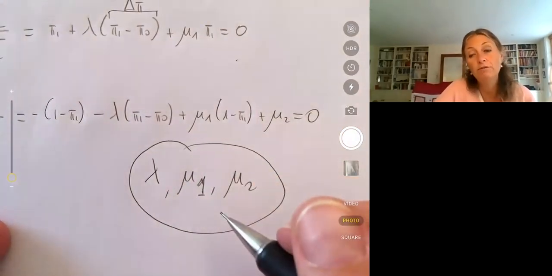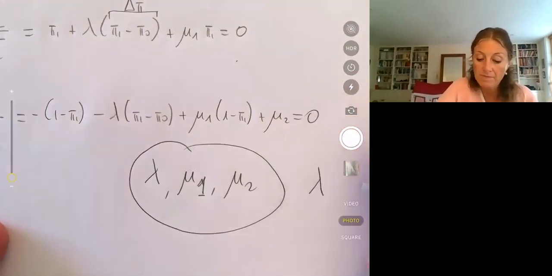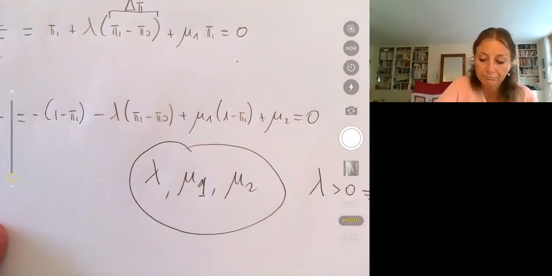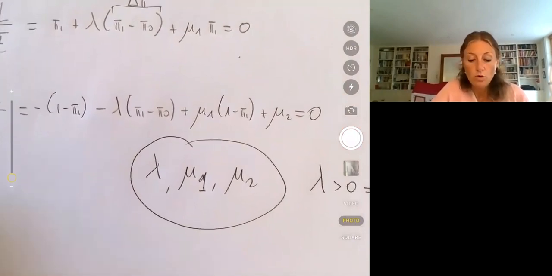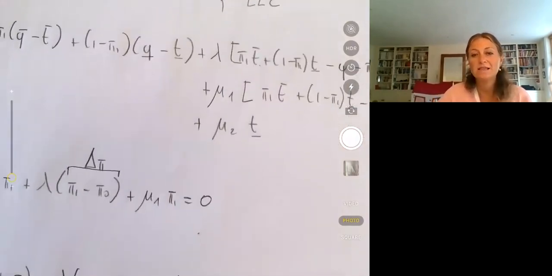Checking the value of the corresponding multiplier. Remember that a multiplier strictly positive implies a binding constraint.